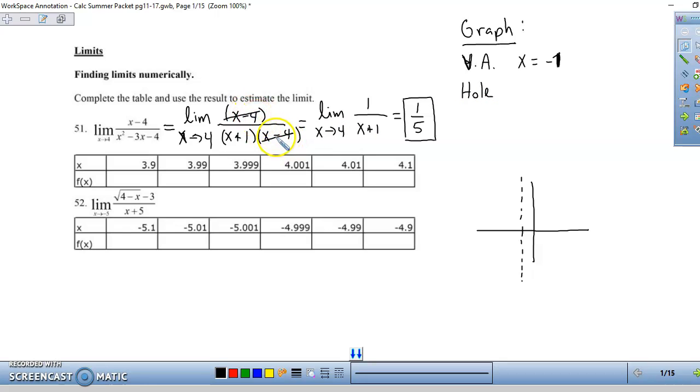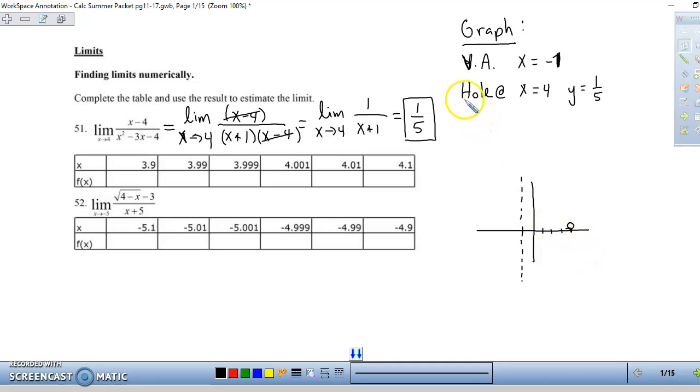So when you have these terms that cancel, that indicates you have a hole at x equals 4. So I have a hole at x equals 4, and then I would just have to figure out that y. Well, I already did figure it out with this limit, and that would be 1/5. So I have a hole in my graph at 4, so 1, 2, 3, 4, and 1/5, so somewhere right there.